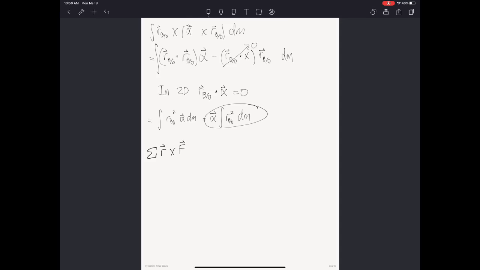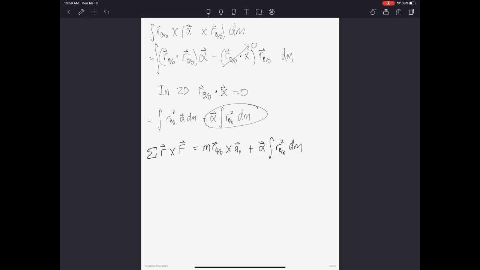The sum of R cross F is equal to this term, M, R_G with respect to O, crossed with the acceleration of the origin we chose, plus alpha times the integral of R_b with respect to O squared, integrated over the mass.